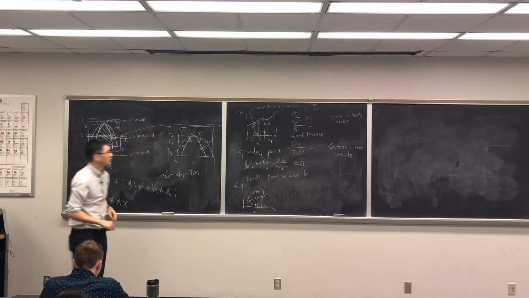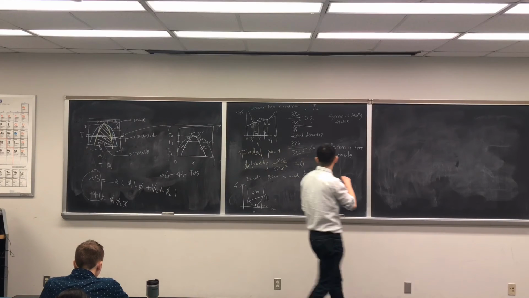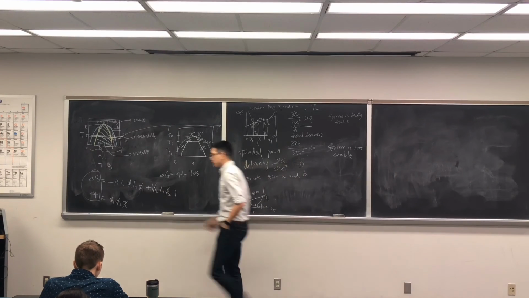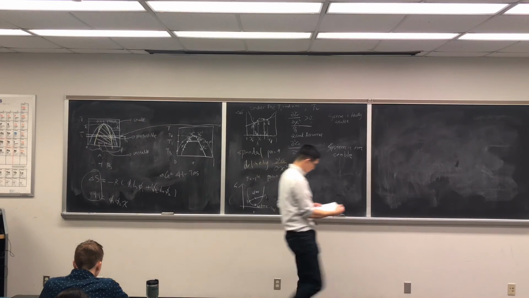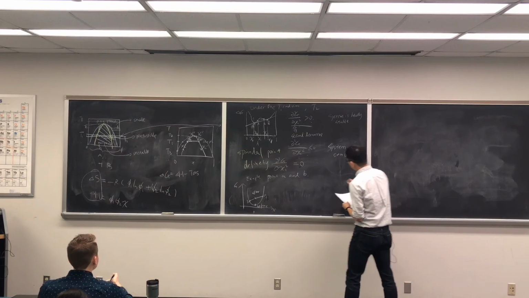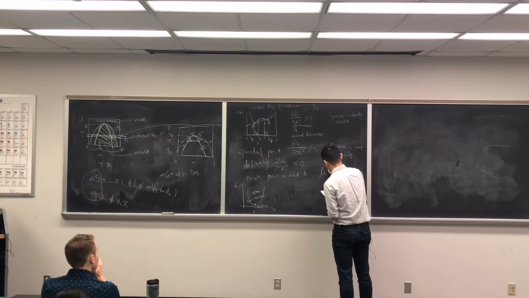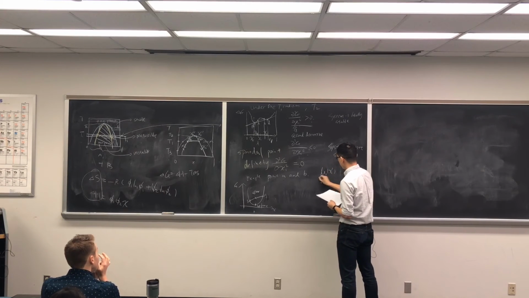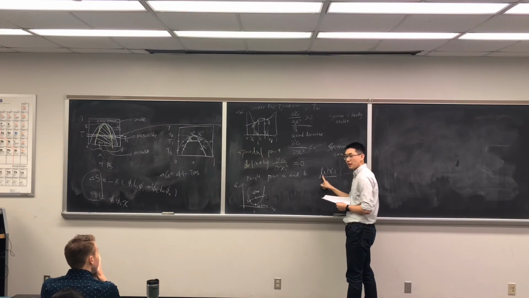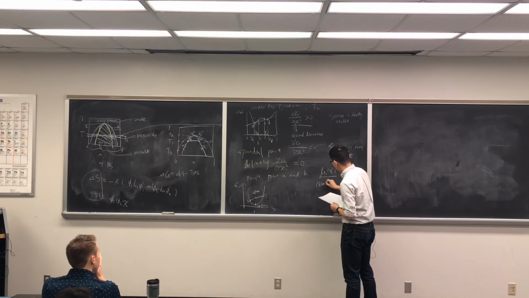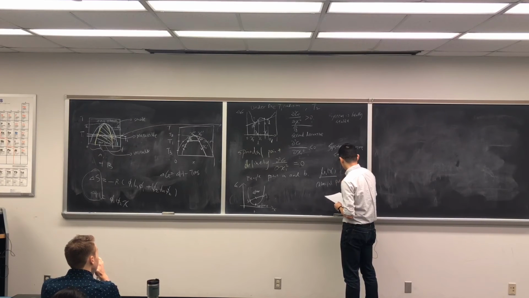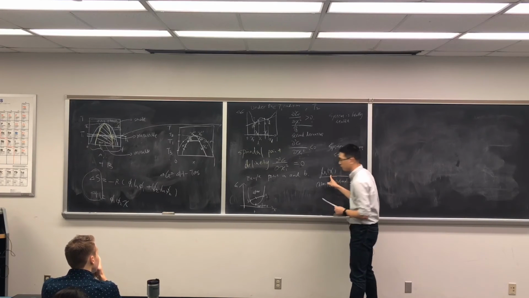Okay, so let me make sure I got this definition correct. Before, we can use this as a free energy for one component. So mu1 means chemical potential. You can think about this as the free energy for the one component.